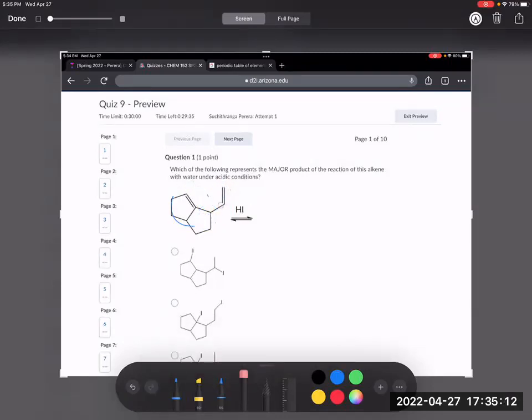Let's consider both of them. We have one stable cation over here, and the other one should be over here. This is going to be a tertiary carbocation, and as a result, the major product would be with the I. I think in the question they meant to say not water under acidic conditions, but HI.